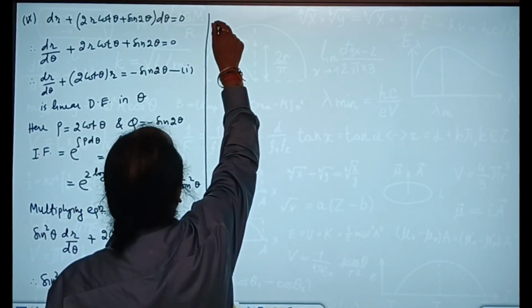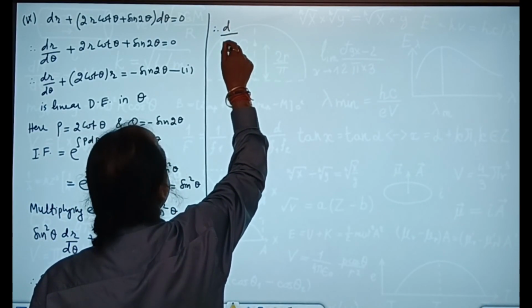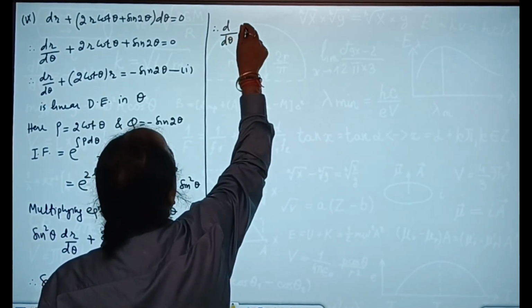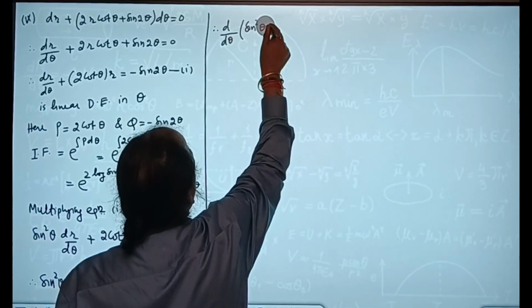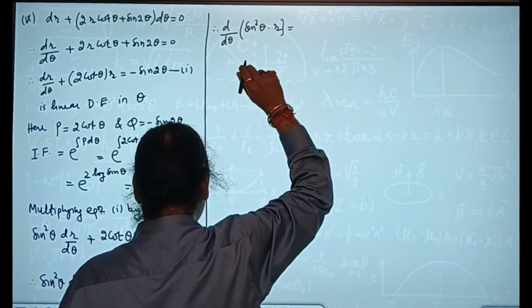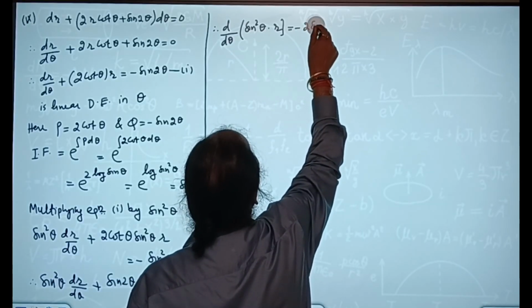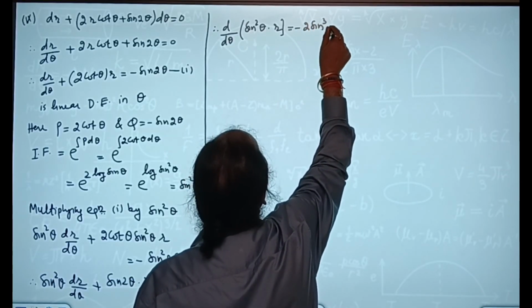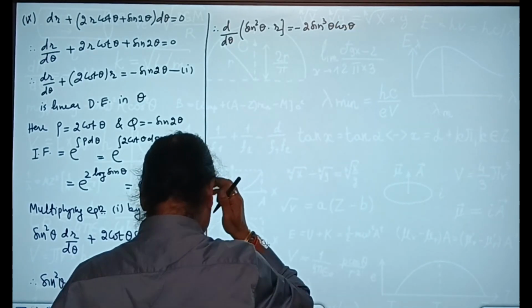Left hand side is d by d theta of sine square theta into r is equal to minus 2 sine cube theta cos theta.